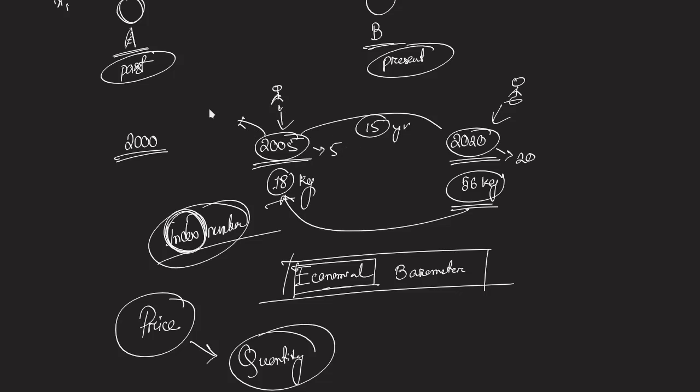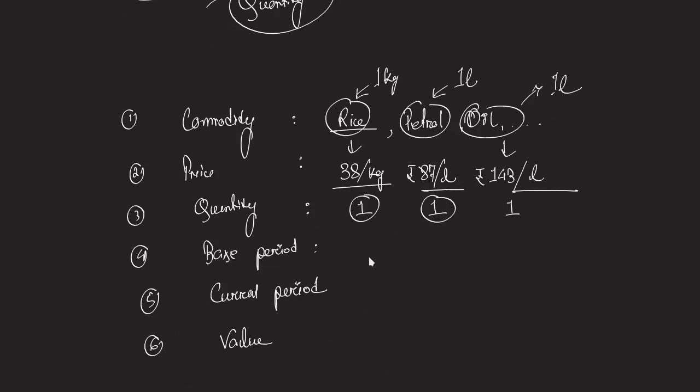So this is called the base period. And this particular point from which we compare, this is called the current period, right? Current period. So base period means let's say 2005 is the base period and 2020 is the current period.